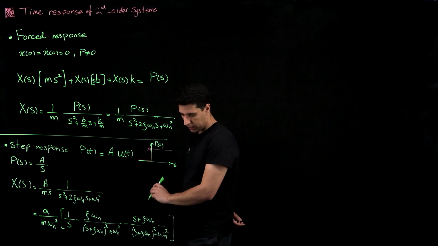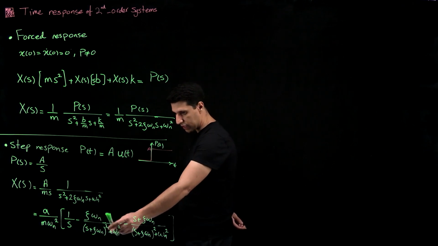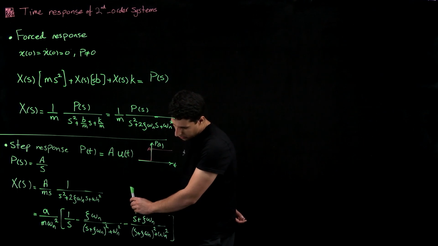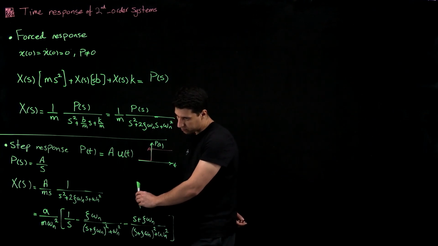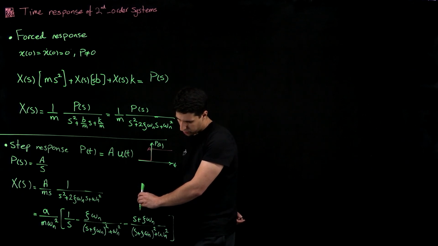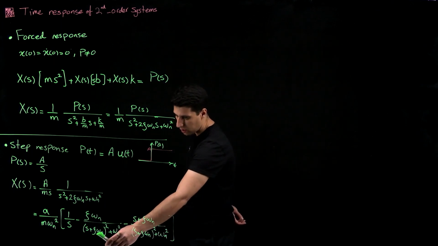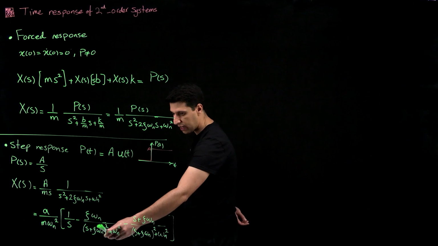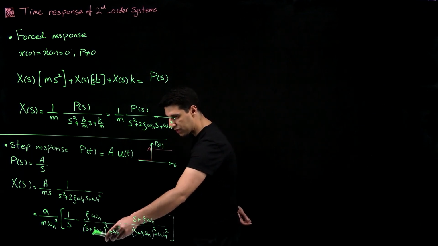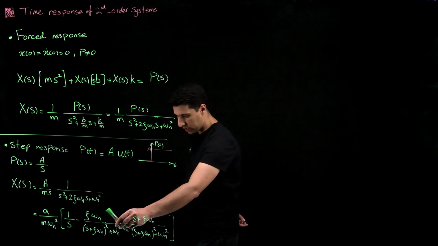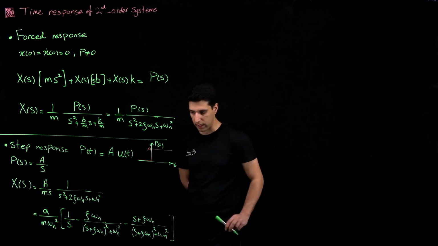This one is an exponential. Well, which one? Yes, both of them are exponentially decaying oscillations with the rate of decay being this z omega n. This one is a sine, that one is a cosine.